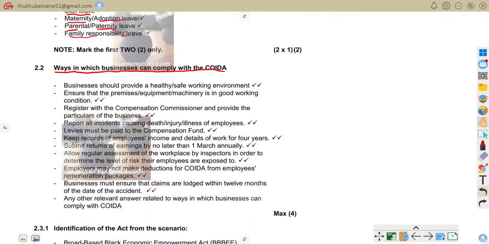So here we are. It says business should provide a healthy, safe working environment. Meaning to say employers must protect employees from hazards.